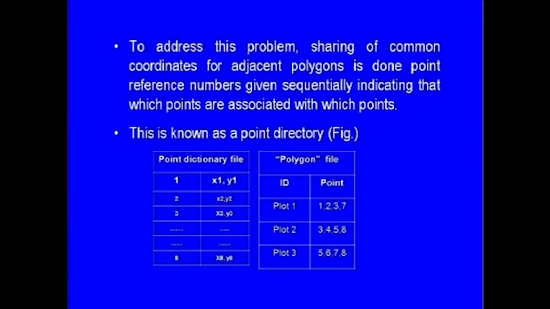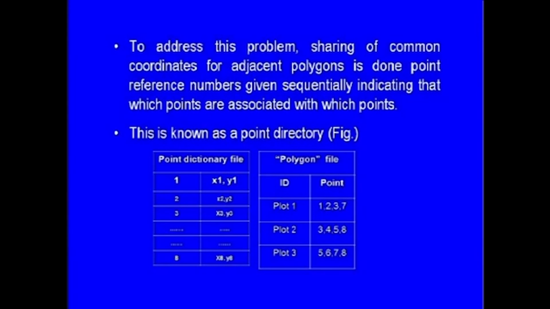Numbers are given sequentially, indicating which point is associated with which. This is what we call a point dictionary file. Point 1 has its coordinate values stored in the point dictionary file, and similarly the values of points 2, 3, 4 and 5 till 8 are all provided.